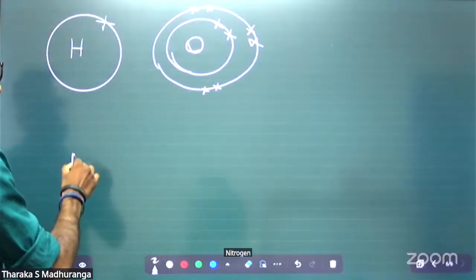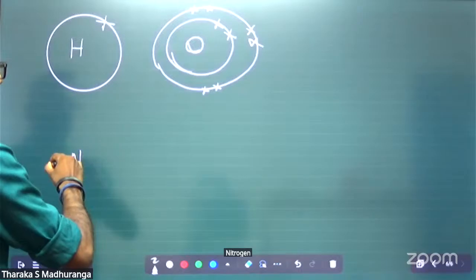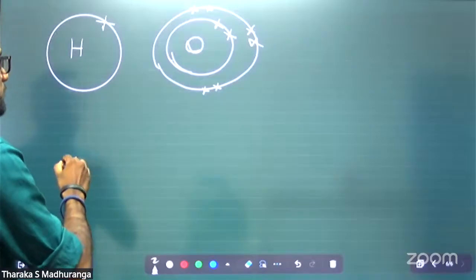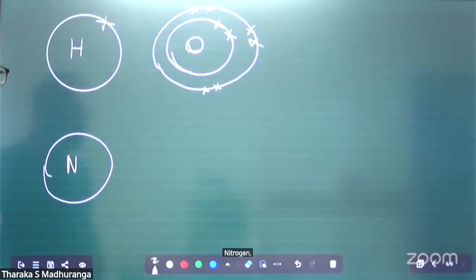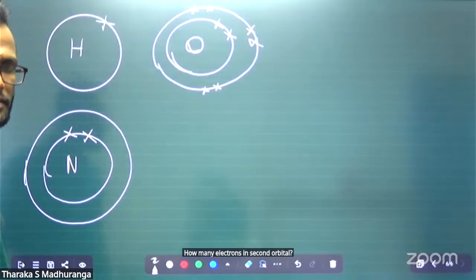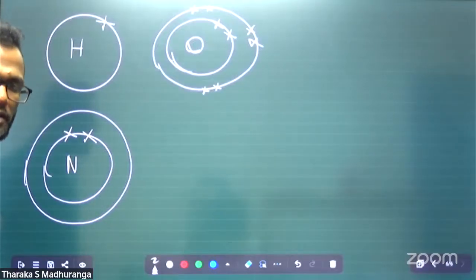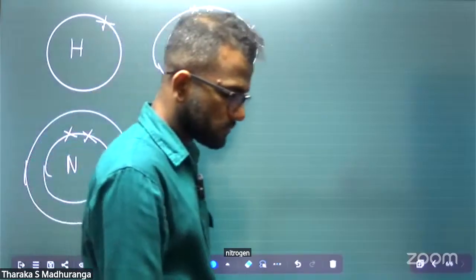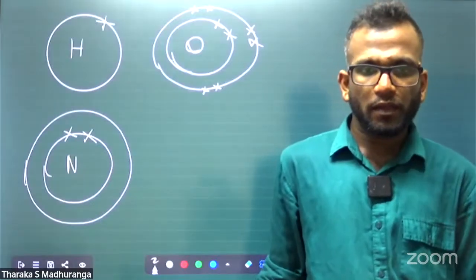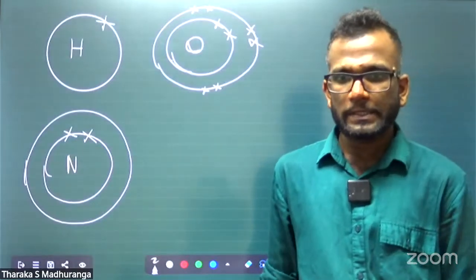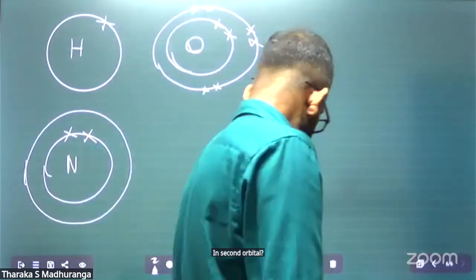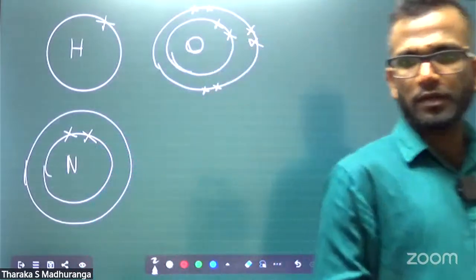Nitrogen. How many electrons in total? How many electrons in the second orbital? Kabir?